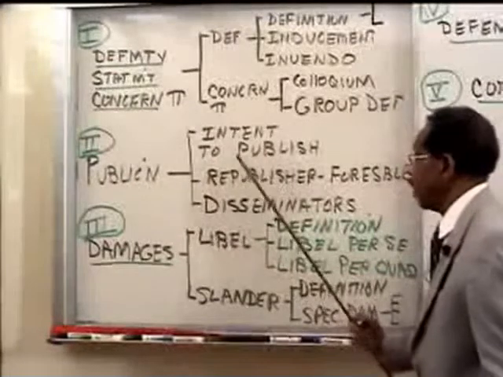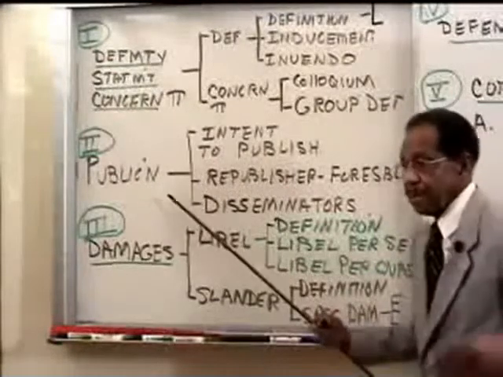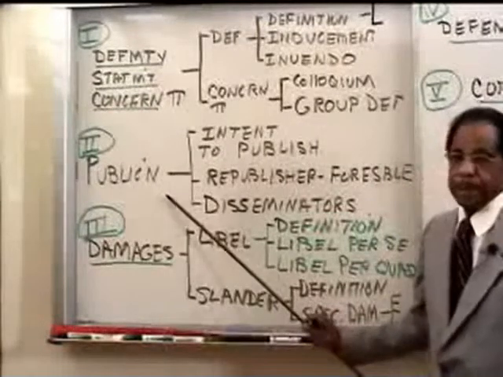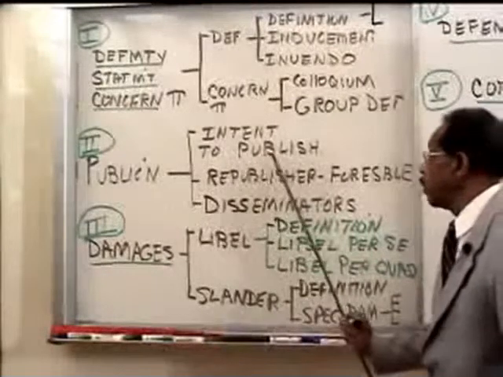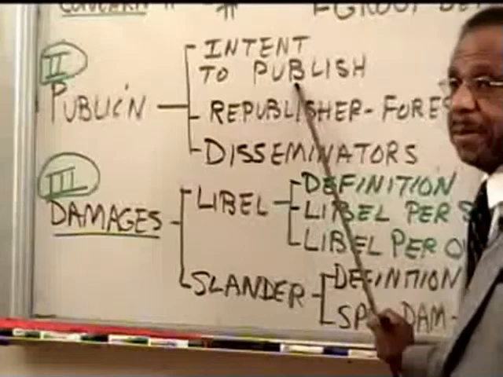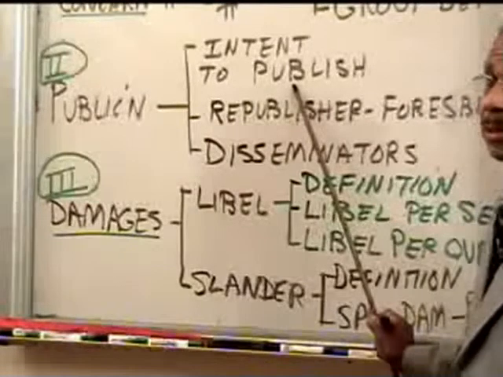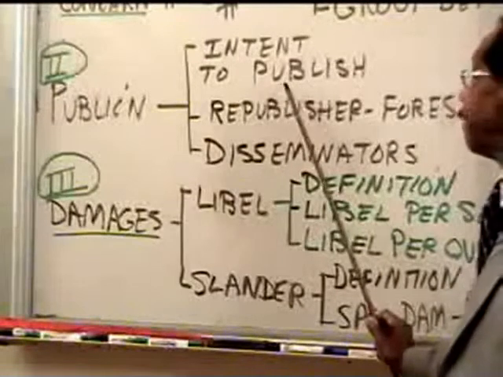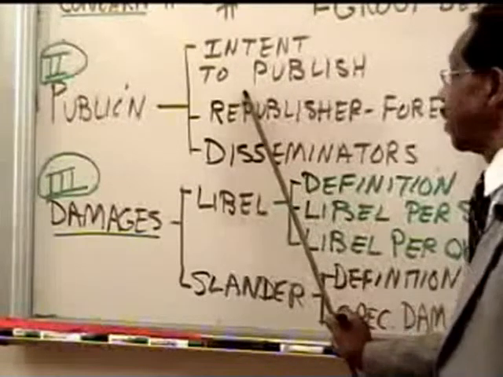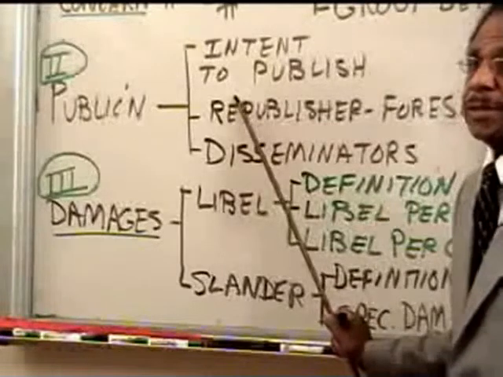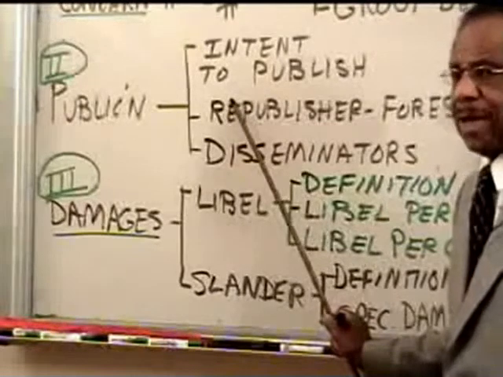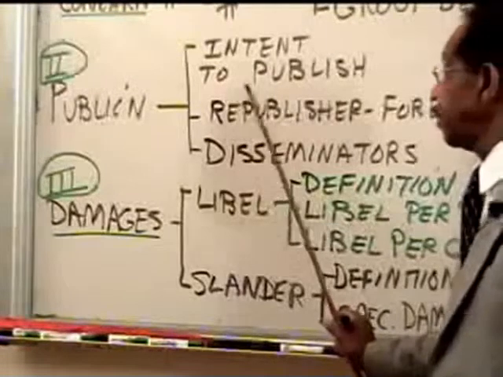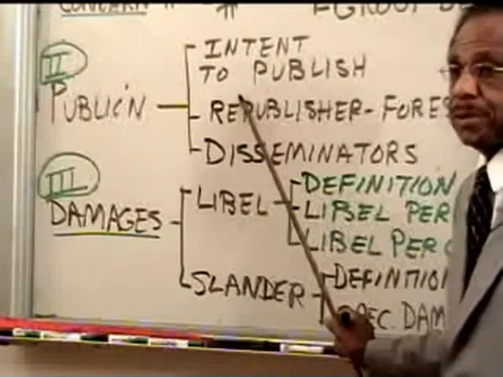Now, the requirement for publication, of course, is that it has to be disclosed to a third party, someone other than the plaintiff. The requirement is that there must have been intent to publish, not necessarily intent to harm, just intent to publish the statement. This means that, for example, if one dictates the statement to one's secretary to have it typed, there was an intent to publish to a third person.